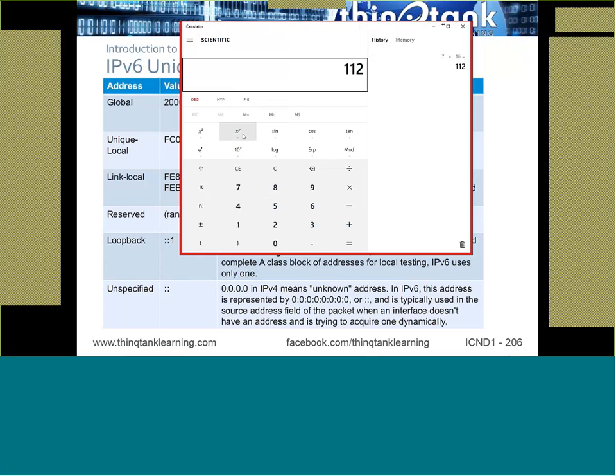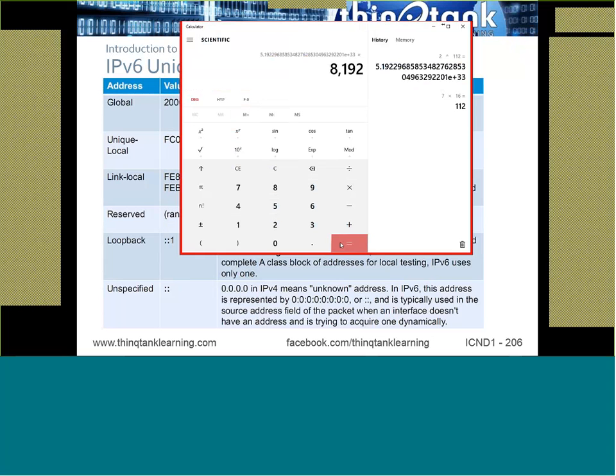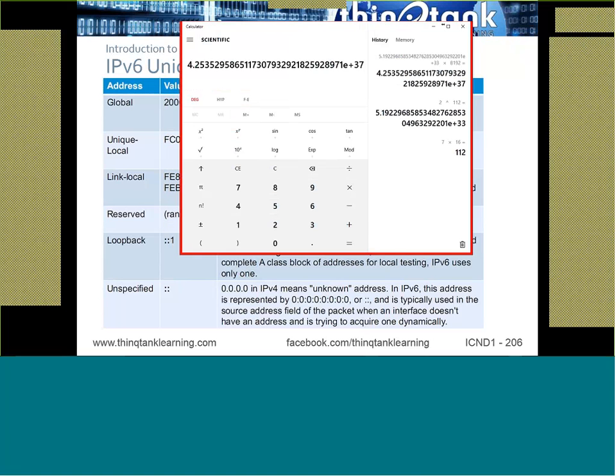So it is 8,192, 2 to the power of 112, times 8,192. That's how many subnets we're talking about, how many addresses we're talking about.